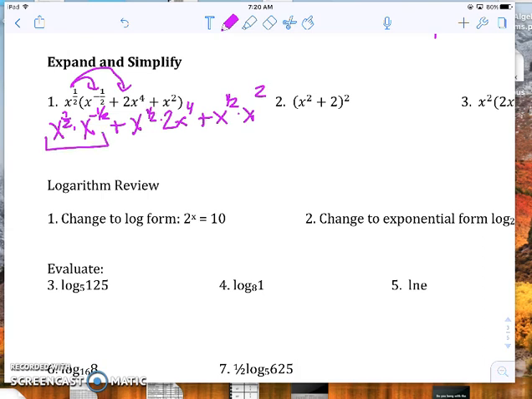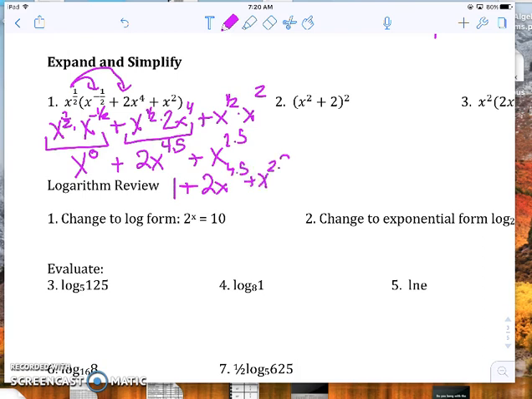So this first chunk would be x, half and negative half is 0, plus 2x, we add those, so the 4.5, plus x to the 2.5. Well, we know x to the 0 is 1, so 1 plus 2x to the 4.5 plus x to the 2.5.